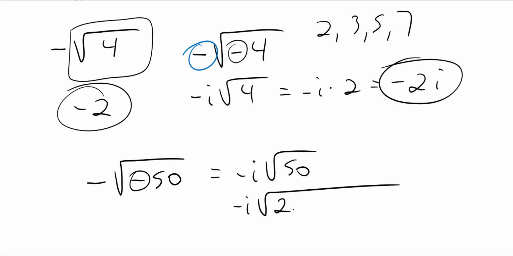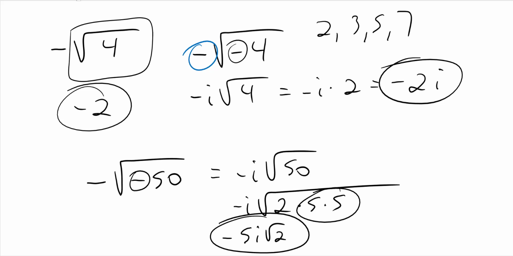And then you can't do anything else but divide it by 5. So it's 5 and 5. Okay, so a pair of 5s come out. So it's -5i root 2. Okay, right? Not bad. And we can get a little crazier with fractions. But again, this is all part of Chapter 7a, guys. Okay, it's nothing fancy at all.